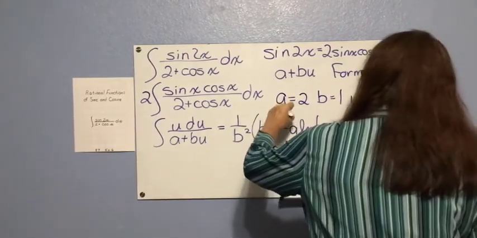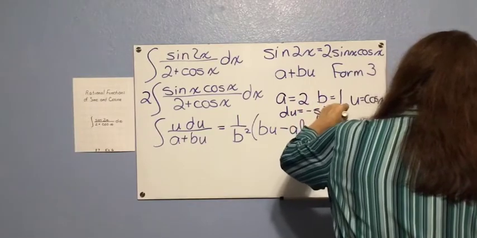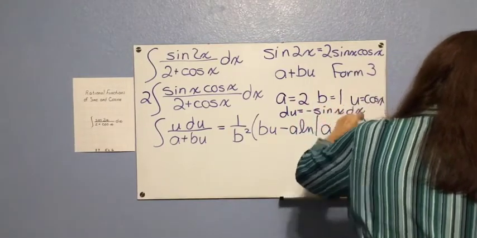This means that du equals negative sine x dx.